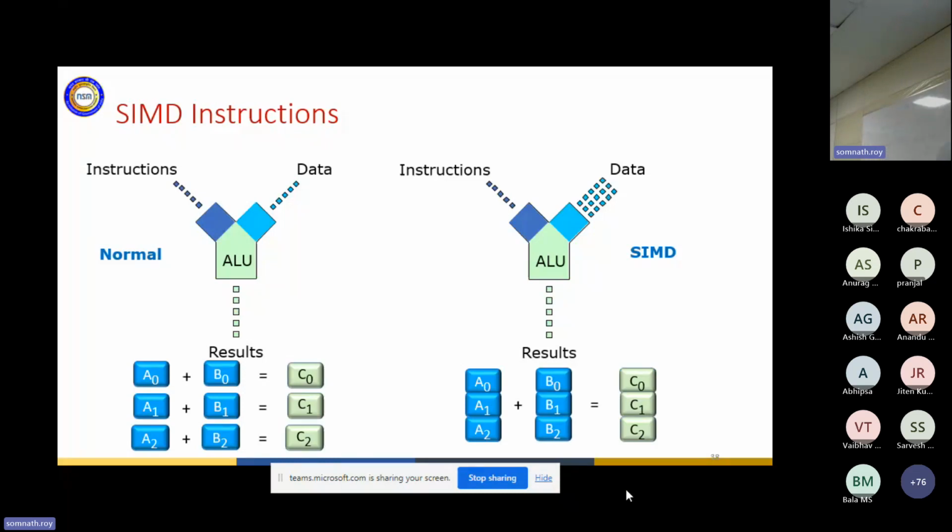Are you getting this? How it works? Same instruction, but a pack of data. So how many additions here? Finally you have to add the corresponding elements. You can say that these are corresponding elements of, let's say, two strings or two arrays of 1 by n.